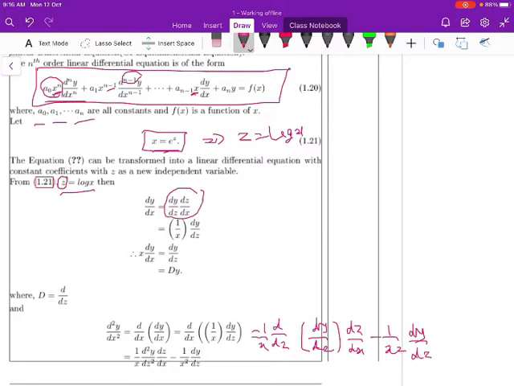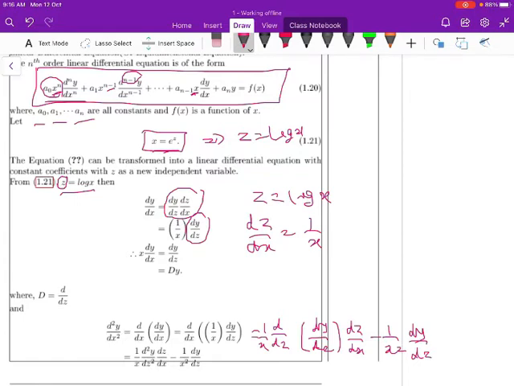So using chain rule I have written. Now dy by dz write as it is, and you know dz by dx, because z is equal to log x here, so dz by dx is equal to 1 by x. So dy by dx is 1 by x into dy by dz.